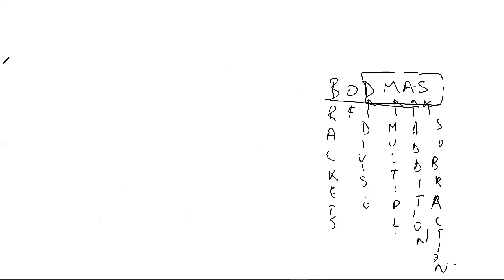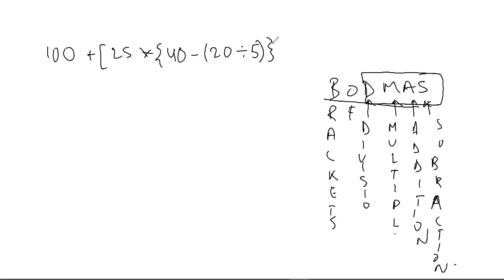Okay, so the next sum is... The first thought that should come into your mind is that round brackets come first, that you have to solve all the sum inside the round brackets first, and then there are curly braces that you have to solve second in the sum, and then finally there are square brackets which you have to solve last in the sum.